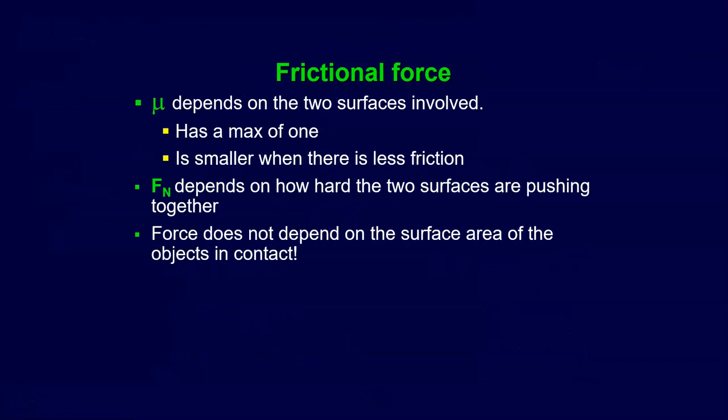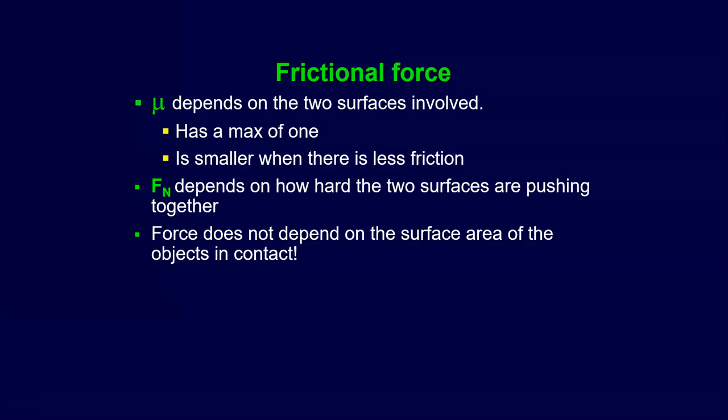Just a few quick comments about the frictional force. Again, it depends on these two things, a mu and a normal force. Mu depends on the two surfaces involved, so it depends on whether you've got two really rough surfaces or two really smooth surfaces. It has a maximum of 1 and is smaller when there's less friction. Essentially, a frictionless surface means you have a really small mu.